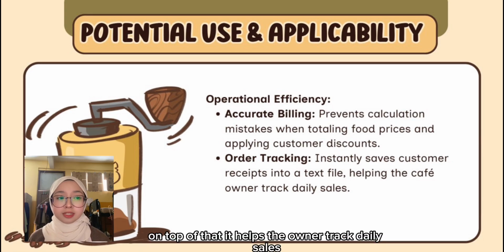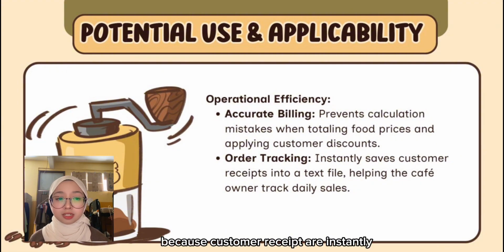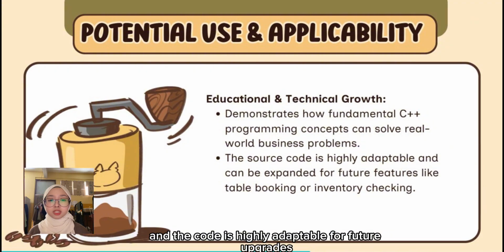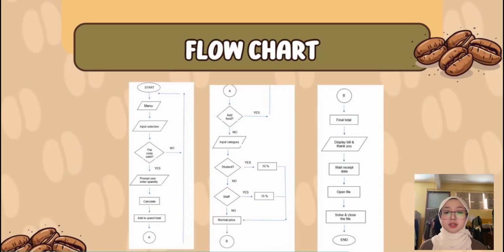On top of that, it helps the owner track daily sales because customer receipts are instantly saved into a text file. Lastly, it proves that basic C++ concepts can solve business issues and the code is highly adaptable for future upgrades like table bookings. Now, let's take a look at the flowchart.